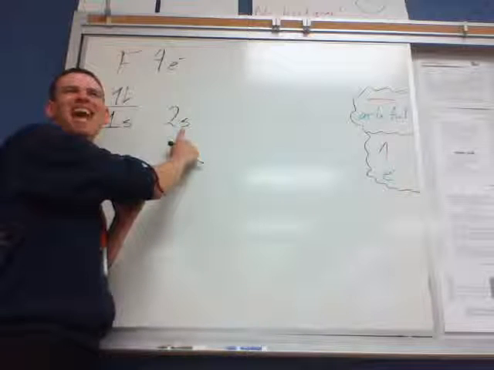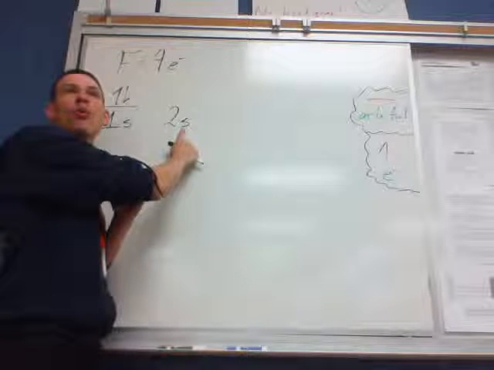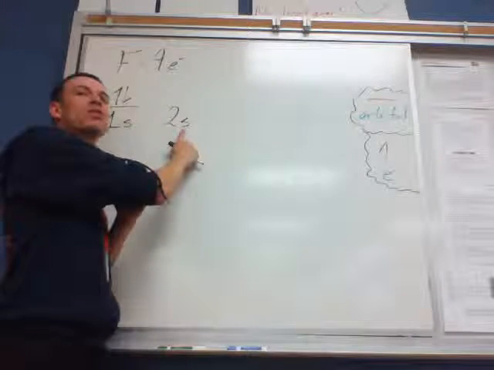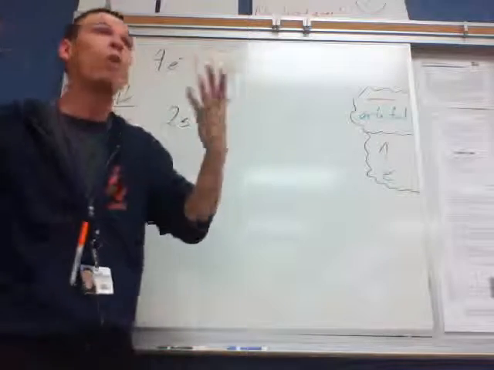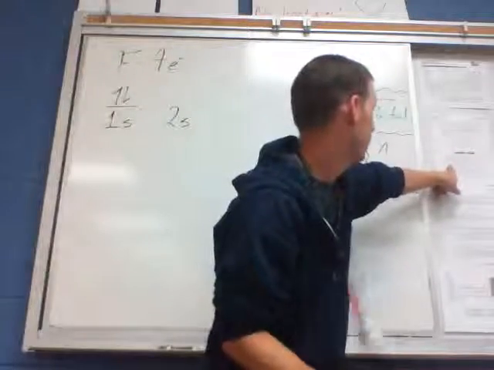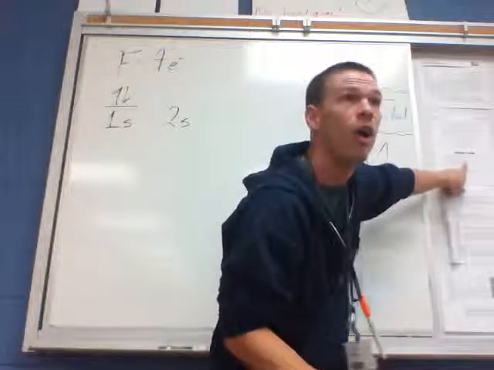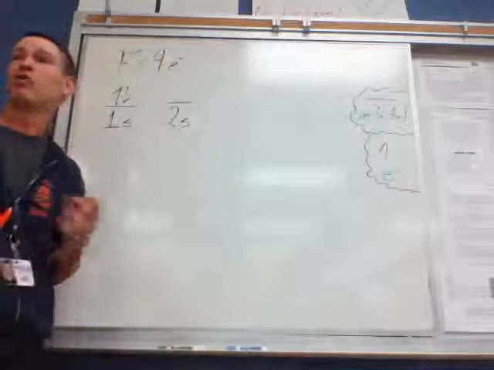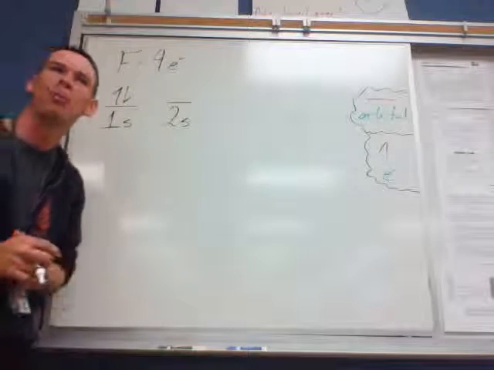How many orbitals does an S have? No. Listen to my question. Not 2. How many orbitals? Just 1. And if you don't know why, look back over here. S contains 1 orbital. It's right there. Boom, 1 orbital. Remember, those flat lines represent orbitals.